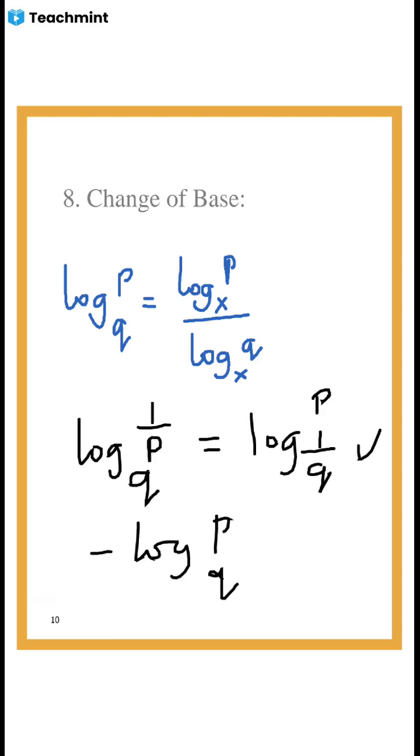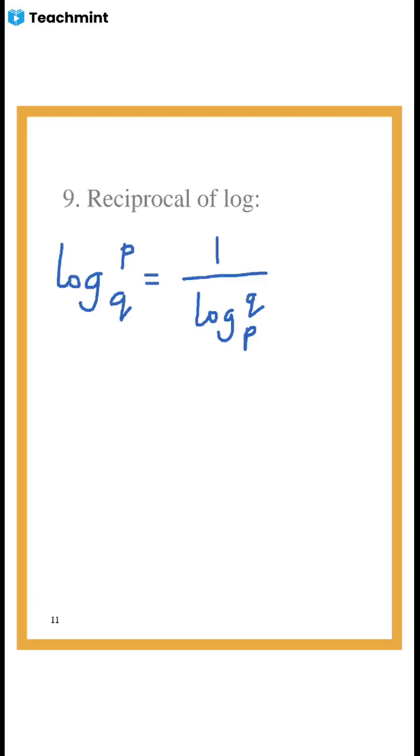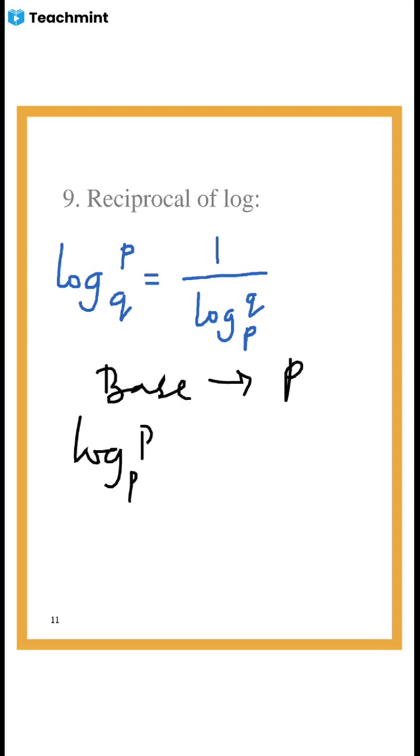So let's go. Now we have log p base q. So the law that we just used, what if we decide to change the base to one of these? Okay, let's say we want to change the base to p. This is going to be log p base p, and this one is going to be log q base p.